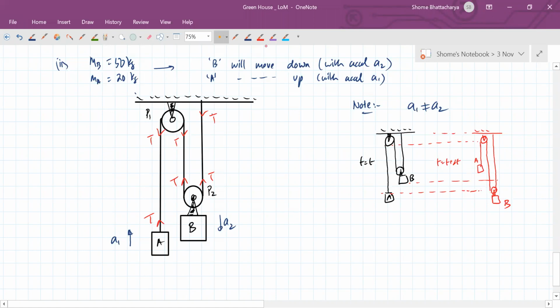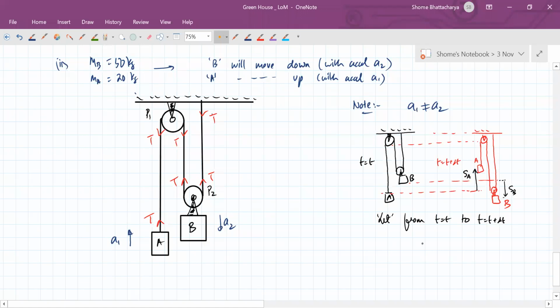Okay. So you can see clearly that A has made a displacement of, let us say, SA upwards, and B has made a displacement of SB downwards, from some time t to t plus delta t.